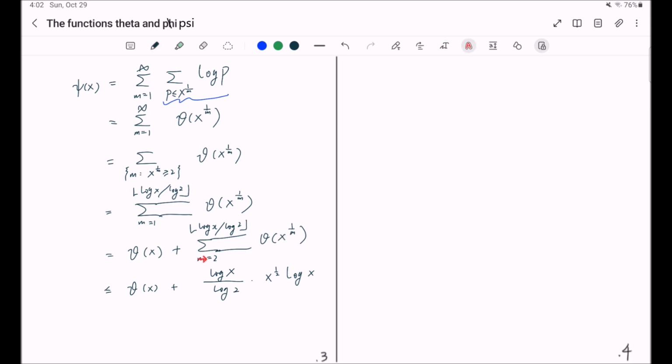This part is true for m bigger or equal to 2. And we majorize the sum by majorizing each individual term to this guy times an upper bound for the number of summands here. So the number of summands here is upper bounded by this number, log of x divided by log of 2.